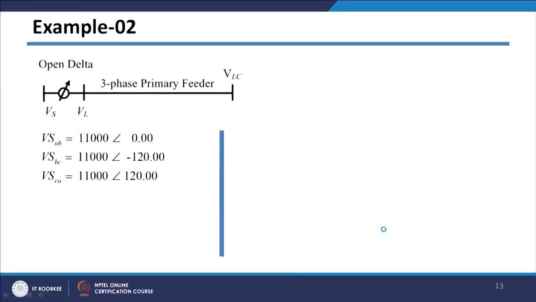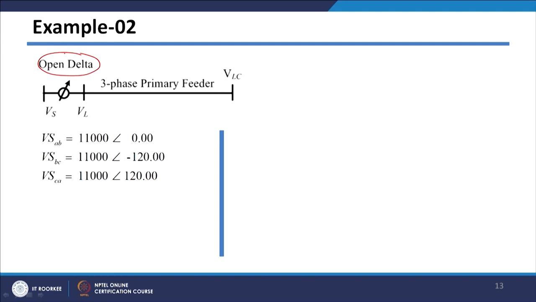Let us see one more example. In this case I have considered a 3-phase primary feeder, let's say an 11 kV primary feeder. So all 3 phases are there, and it is open delta connected, meaning I am considering a delta connected system.